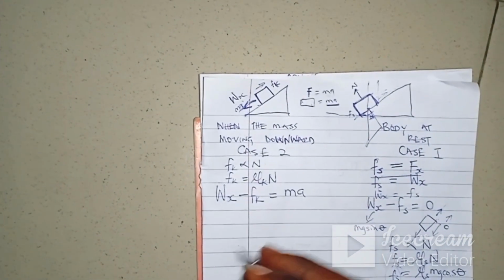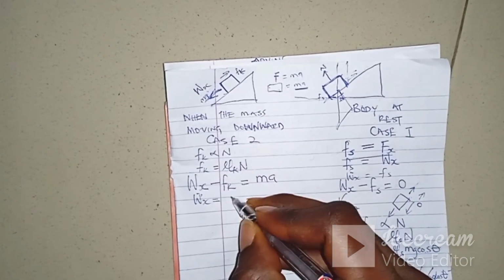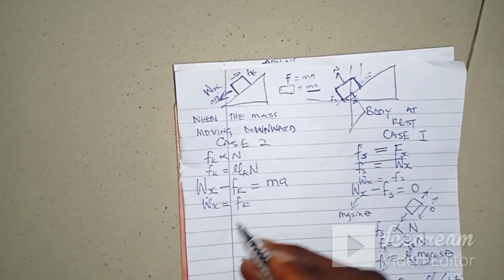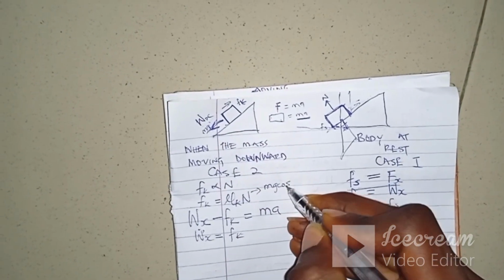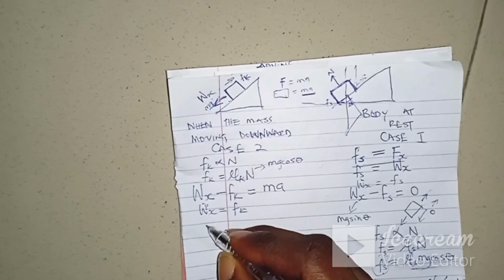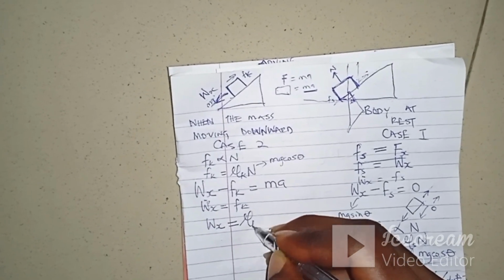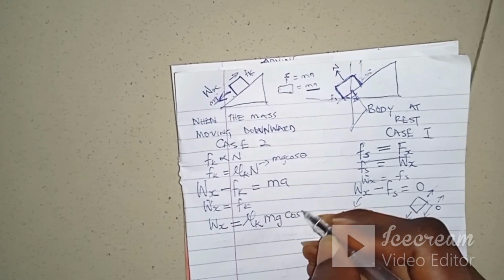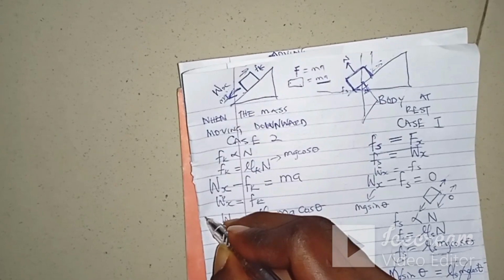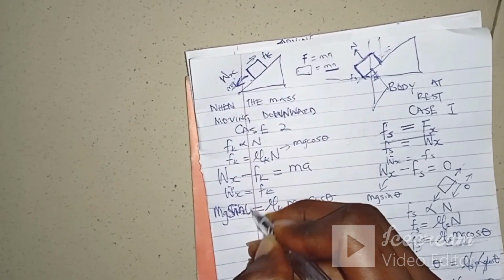So making like terms, this now will be the same thing as saying Wx is equal to, crossing over, Fk. Now remember that N is equal to mg cos theta. So Fk is the coefficient of kinetic friction times mg cos theta. And Wx is supposed to be mg sine theta.